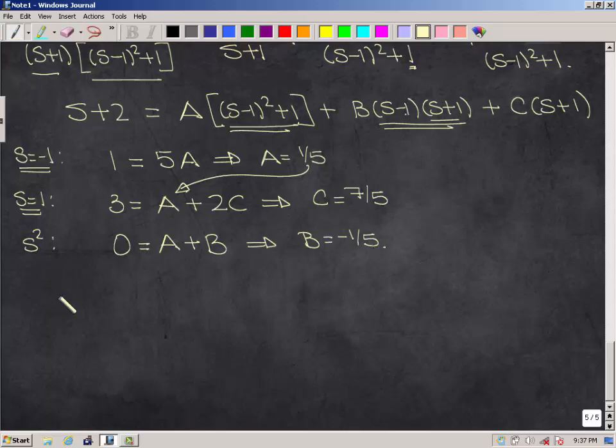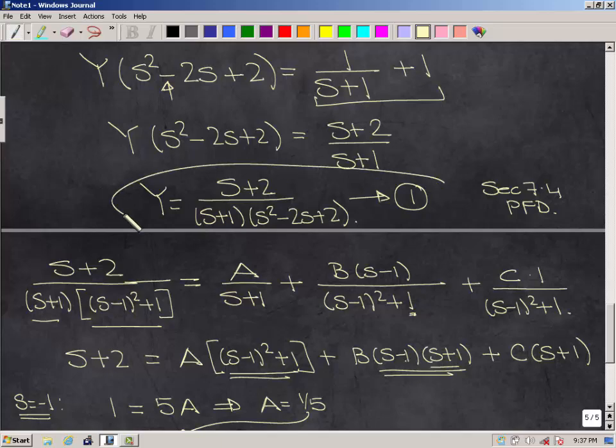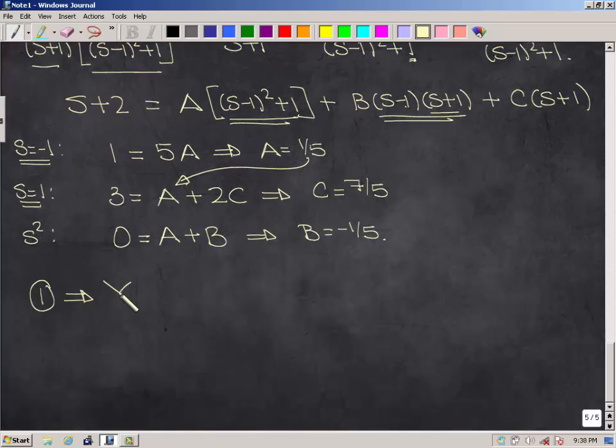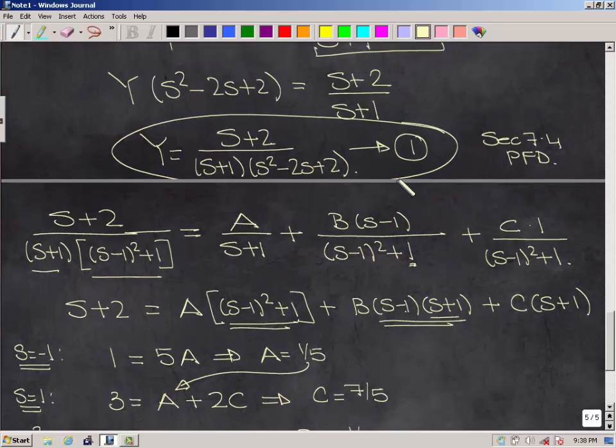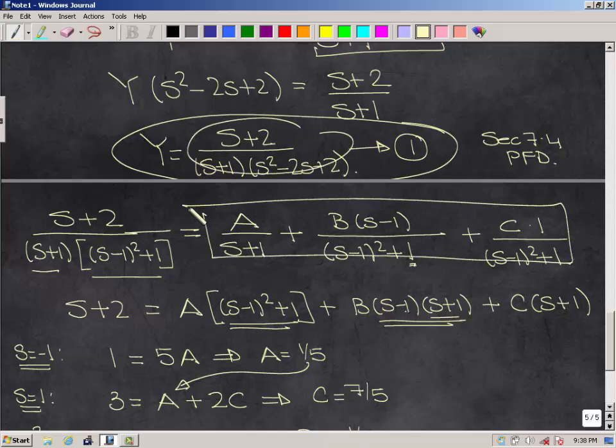So now what happens to 1? The equation we started with, this guy here, remember we called it 1. It's a good idea to label things so you can see the flow. What does big Y of S become? On the right it'll be A over S plus 1, so it'll be 1/5 over S plus 1. Remember, this fraction is the same as this fraction because of the decomposition, so we just have to replace these guys on the top.